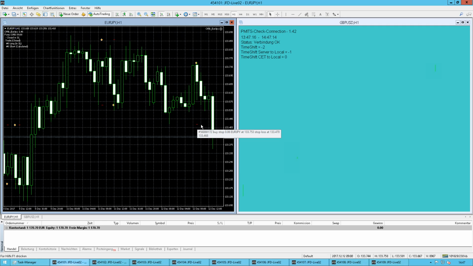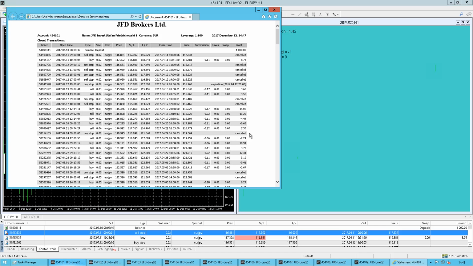Today we are at 1,170, so it's close to 20% profit up to now, or to be more precise, it's 17% because of the loser trade of today. We started with 1,000 on the 10th of April this year.